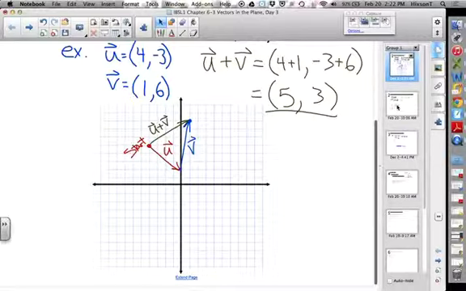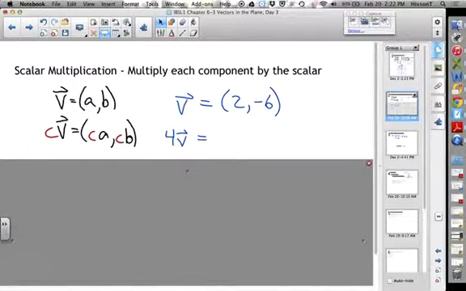Now let's look at the constant multiple, scalar multiplication. Remember, a scalar is just a number. Here we have this vector v, which is again (a, b). If we're going to multiply that vector by some scalar, then we're going to multiply each of the components of that vector by the scalar.